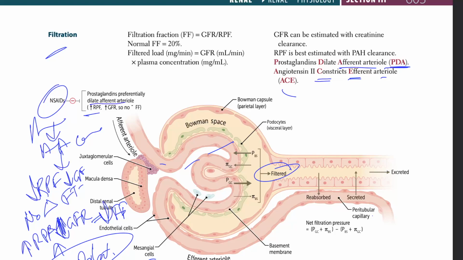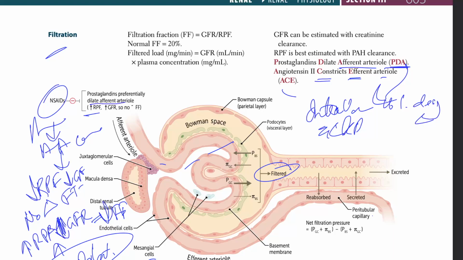Okay, now let's talk about this point here, the prostaglandin. Patients with intravascular volume depletion, that's one thing, and CKD. So you have depleted volume, and you have CKD. Volume depletion can develop from CHF, diarrhea, or excessive diuresis. These all can lead to volume depletion.